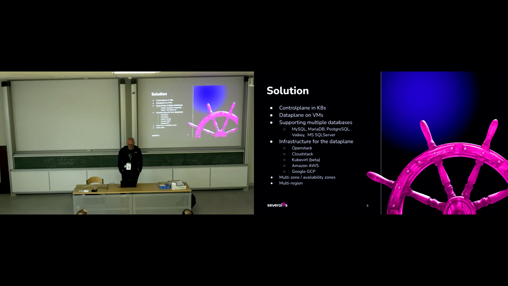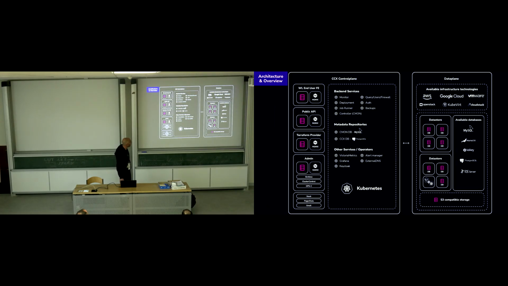We have support for a number of different cloud infrastructures: AWS, Google Cloud, but of course, as we're here, OpenStack. We support multi-regions and availability zones, and this is a picture showing the overall architecture.